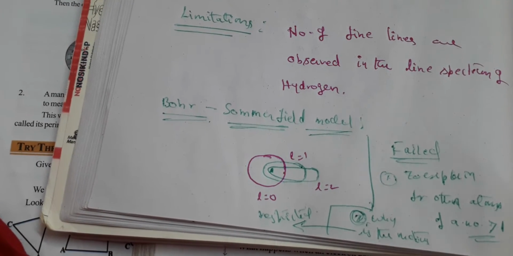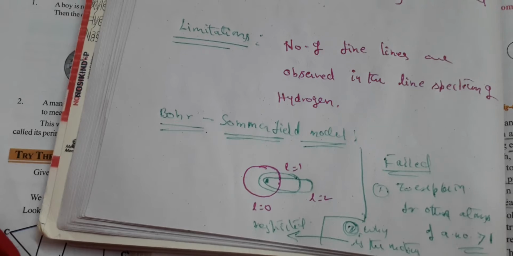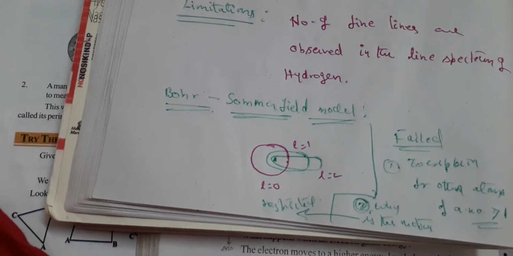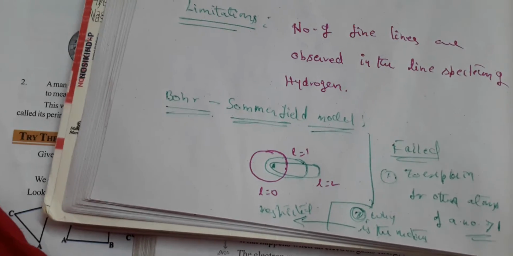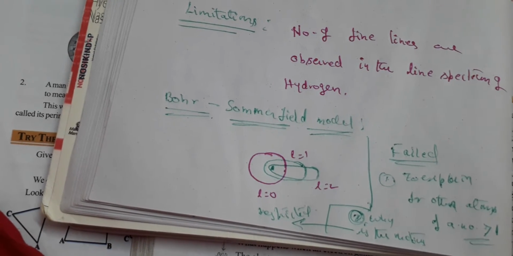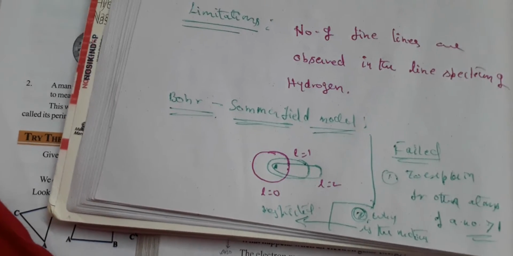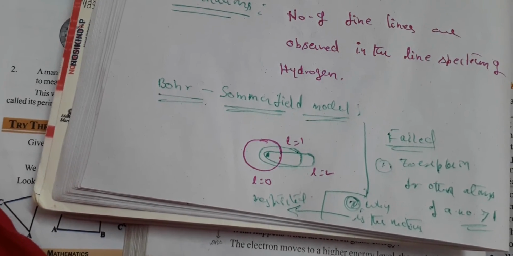He also proposed that the nucleus of the atom lies at one of the principal foci of these elliptical orbits. Therefore, except for the first spherical orbit, the remaining spherical orbits proposed by Bohr are replaced by elliptical orbits.